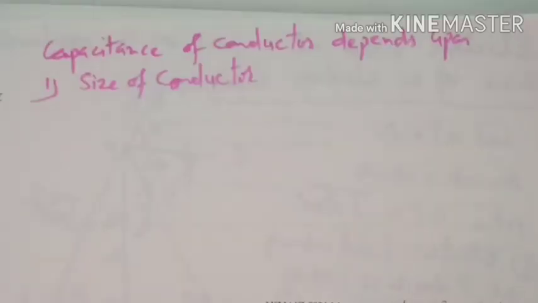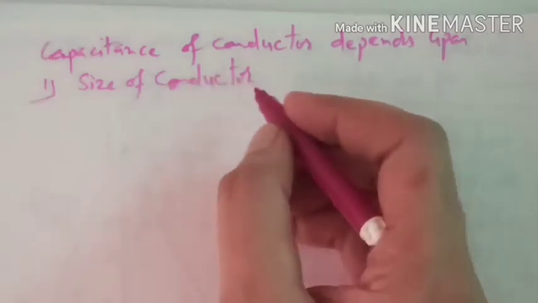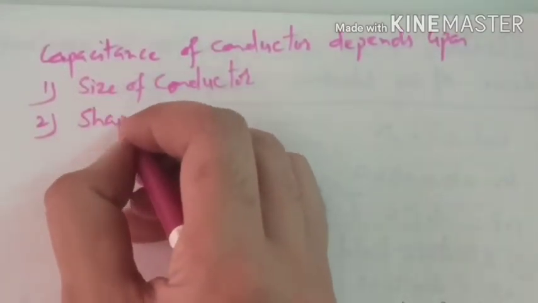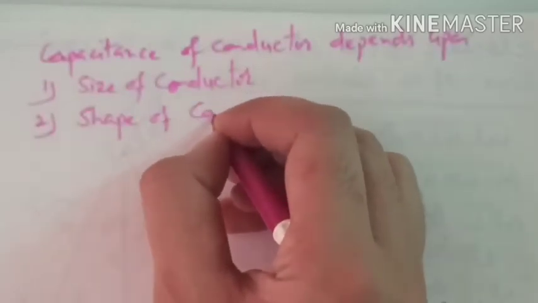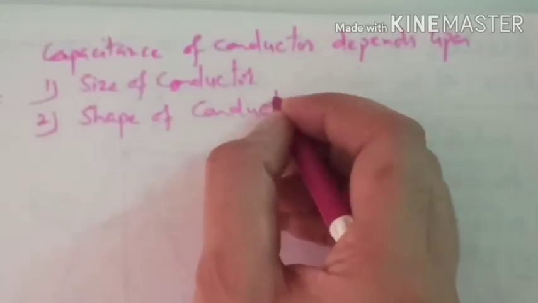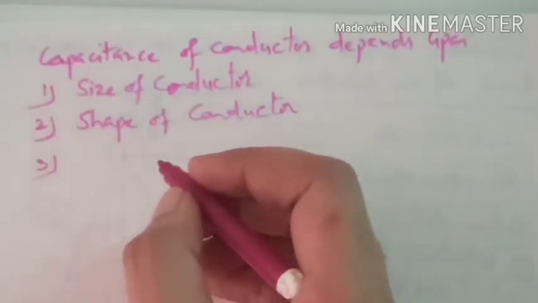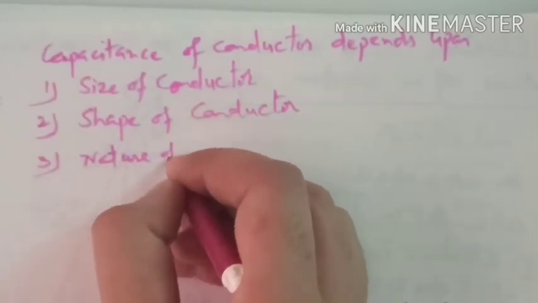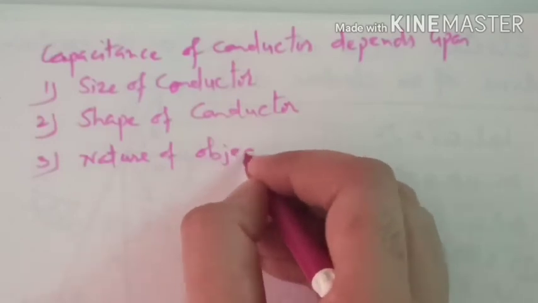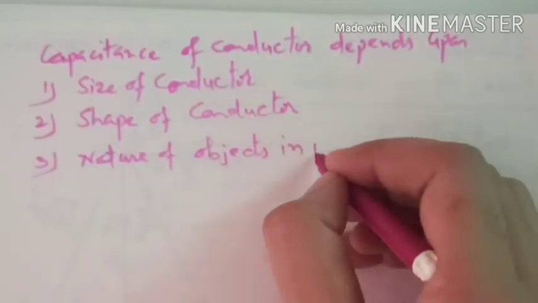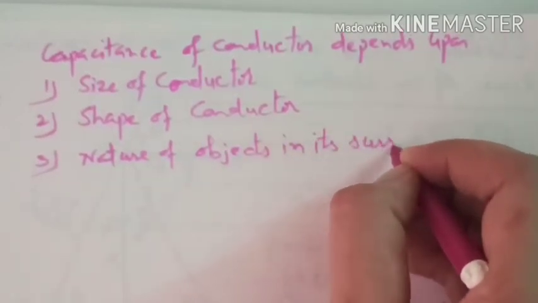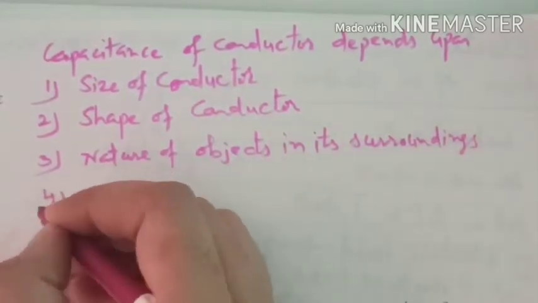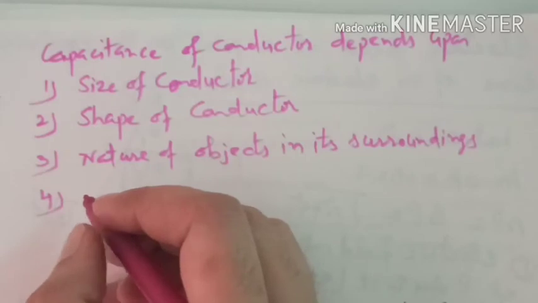The capacitance of a conductor depends upon, number 1, size of the conductor, number 2, shape of the conductor, number 3, nature of objects in its surroundings, number 4, the medium in which the conductor is placed.